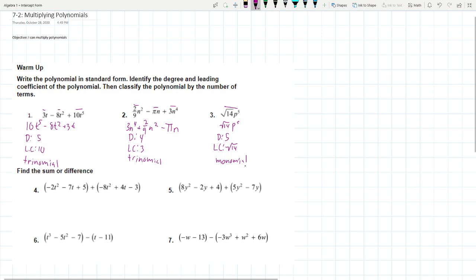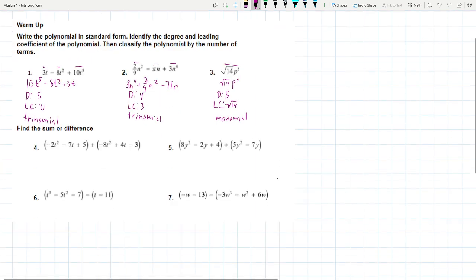Alright, number 4 asks us to find the sum or the difference. So I'm going to look to the left, there's nothing there, so that leaves me with negative 2t squared minus 7t plus 5. This plus means that nothing changes, so I have negative 8t squared plus 4t minus 3.